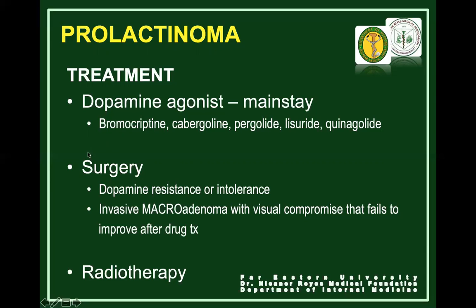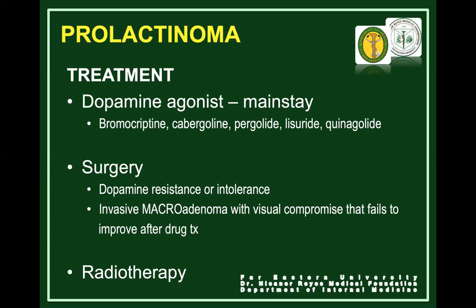Okay. Now, when do you do surgery? If there is dopamine resistance or intolerance, the patient cannot tolerate the bromocriptine. The main intolerance stems from its side effects of hypotension, nausea, and vomiting. Okay. Now, surgery is also indicated if there is an invasive macroadenoma, especially if you have a visual compromise, because you cannot wait for the tumor to shrink.